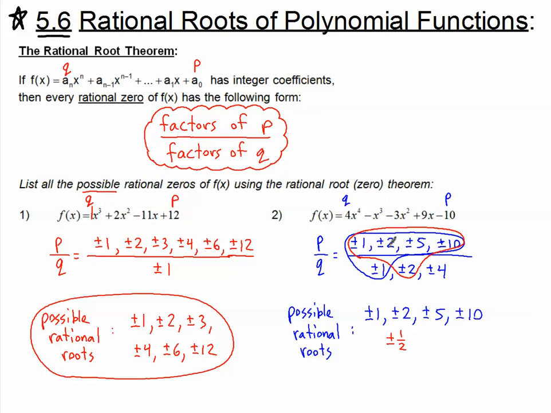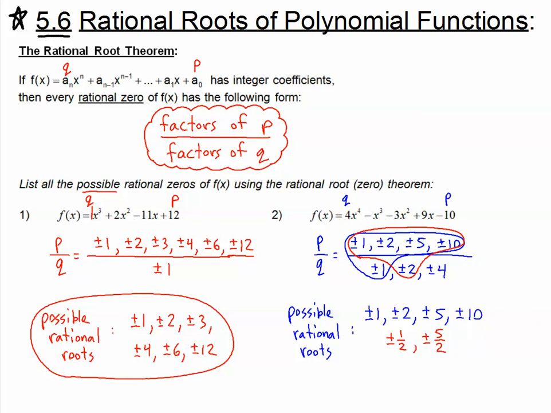Plus or minus 2 divided by plus or minus 2, well, 2 over 2 just reduces to 1, and I already have that plus or minus 1. So there's no need to put it again. Plus or minus 5 divided by plus or minus 2 gives us another one, plus or minus 5/2. And plus or minus 10 divided by plus or minus 2, well, we've already done that because 10 divided by 2 is 5, and we already have that. So no need to do that.